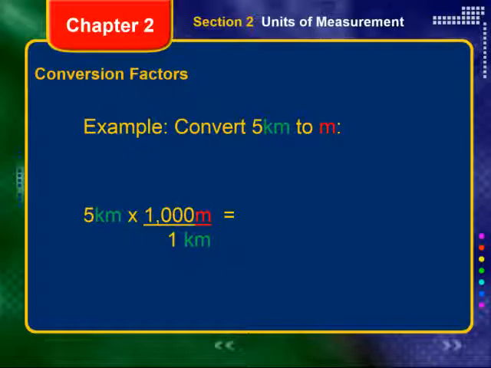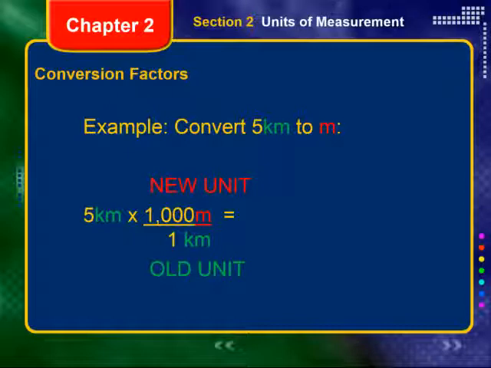I know that for every 1 kilometer, I have 1,000 meters. And so what I do is I have a fraction. So on the numerator, the top, I place the new unit, the unit into which I am wanting to convert. On the denominator, the bottom, I place the old unit, what I want to convert away from.